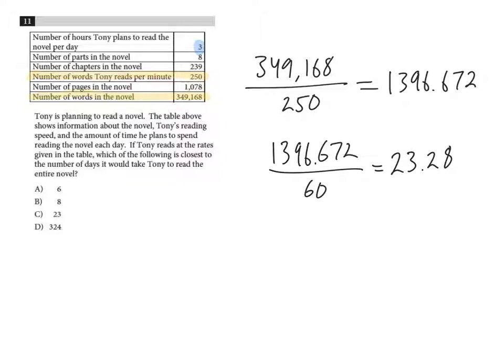Well, he's only reading 3 hours a day, so we need to divide that by the number of hours he reads in a day, which is 3, and we're going to get about 7.76 days. Which of the following is closest to the number of days it will take Tony to read the entire novel? Okay, well, I can see that that's going to be 8.